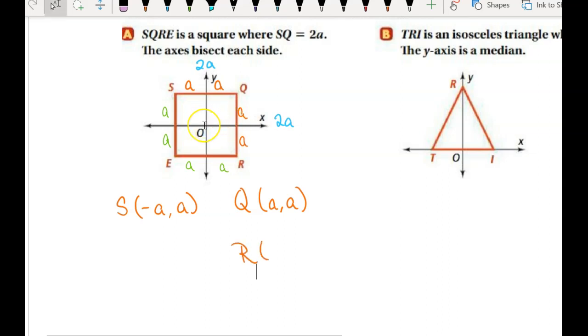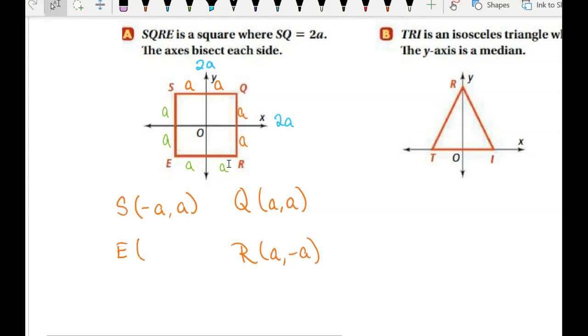Now R, we go over to the right, a units. Notice we're going in the positive direction. And then down a units. So R is the point a, negative a.